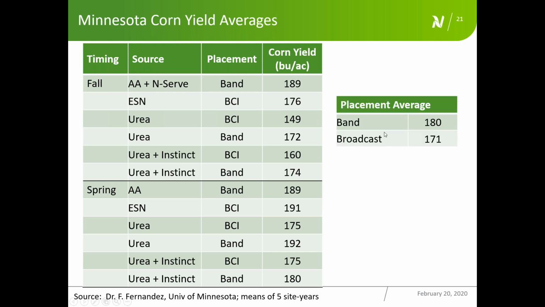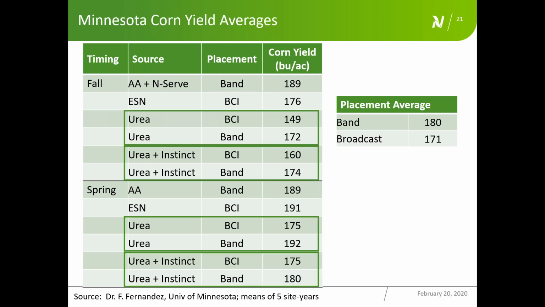And particularly if we look at the placement averages, the band treatments, averaging all the banded urea treatments together, excluding the ammonia, we're still about 9 bushels better than that broadcast and incorporated application. And I suspect if we had a surface broadcast here, it would probably not be quite as good as the broadcast and incorporated because of potential volatilization.